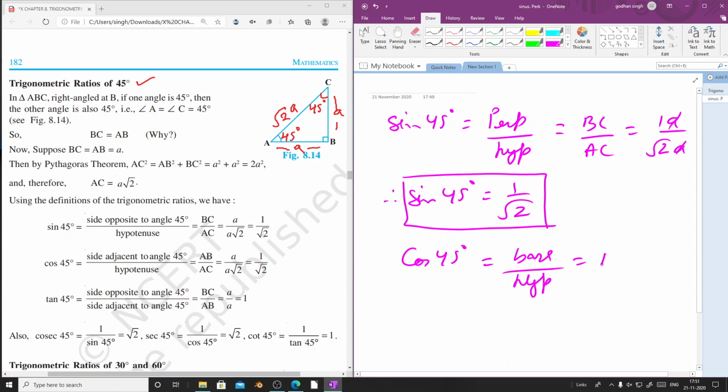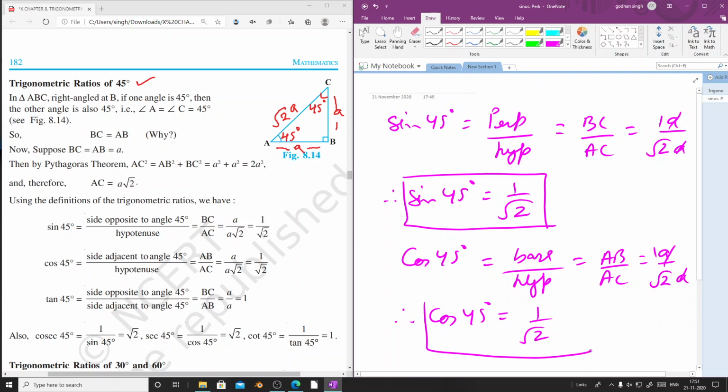So this is AB over AC. AB is A and AC is root 2A. Again we can cancel out A in the numerator and denominator, so we get 1 by root 2. Therefore cos 45 degree equals 1 by root 2, and similarly we can find tan also.